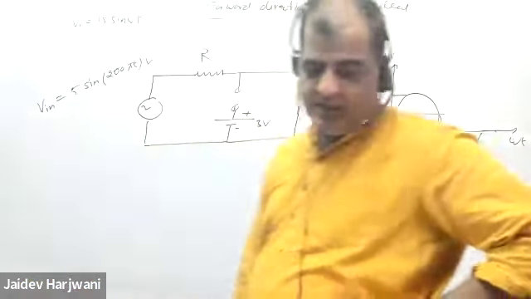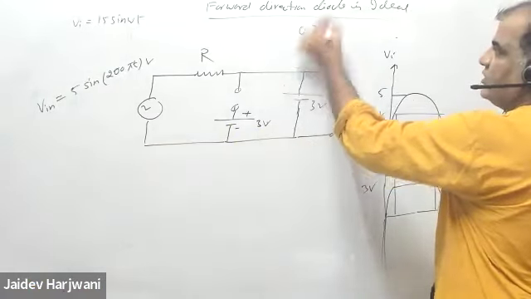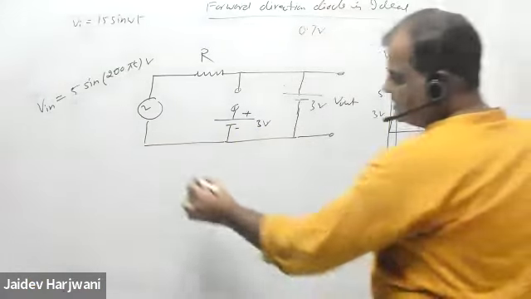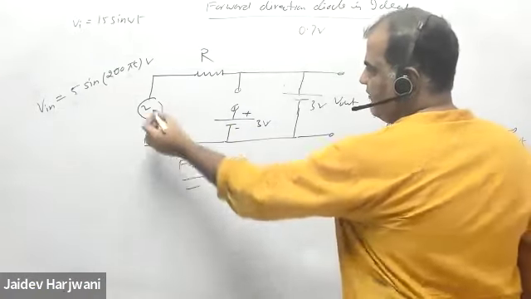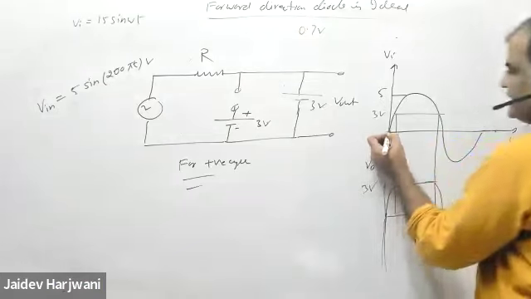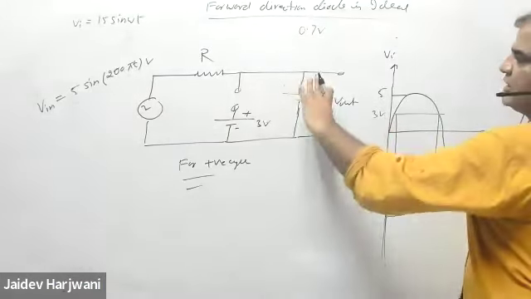And it says the forward bias voltage of the Zener diode is also 0.7 volt. So for the positive cycle, when I'm increasing slowly, this voltage is less than 3 volt. This is off, this is also off. At 3 volt, this becomes on.